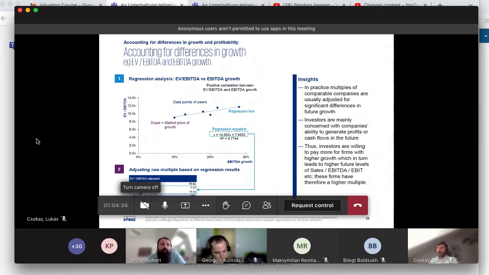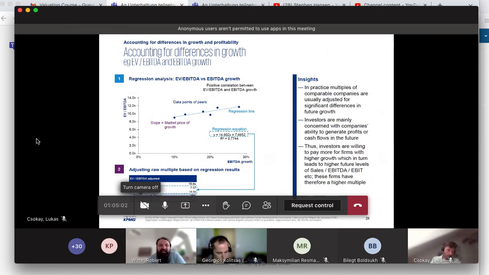And you might say, well, we adjusted the EV sales multiple for profitability. That's fine. Don't we have to adjust the EV sales multiple also for growth expectations? Then I would say, yes, you do. But then you probably end up having to perform a multiple regression analysis, and in practice you're fine with one variable.